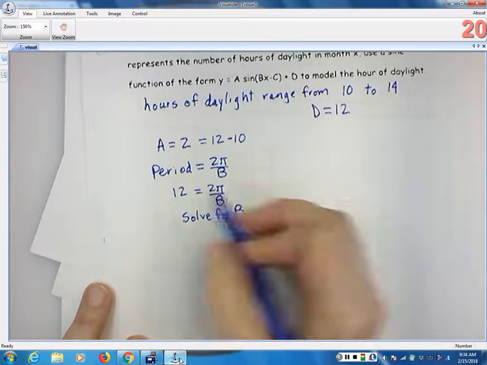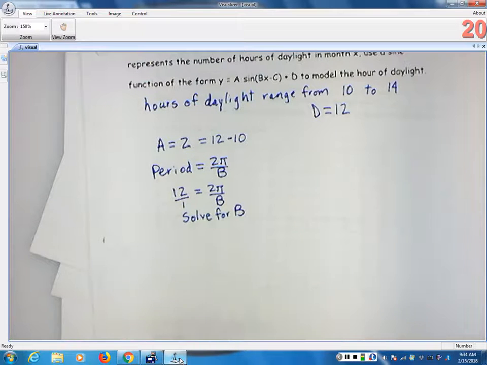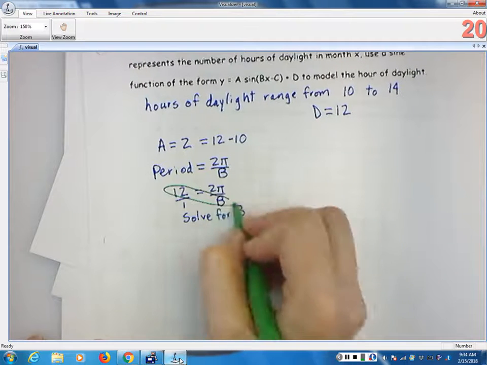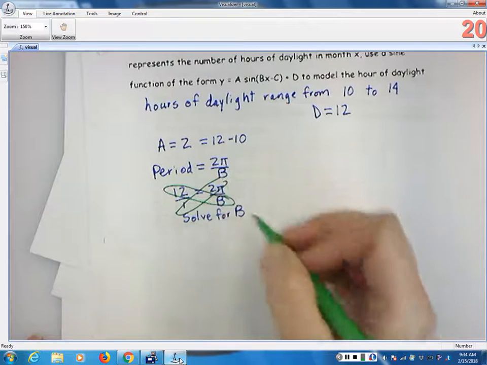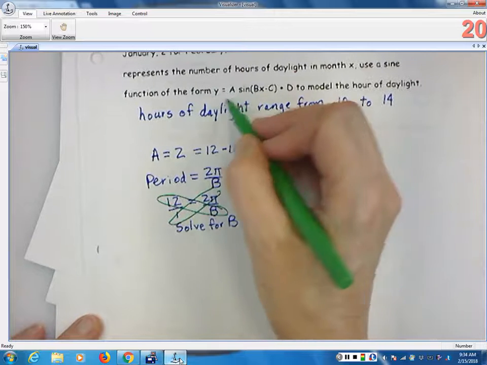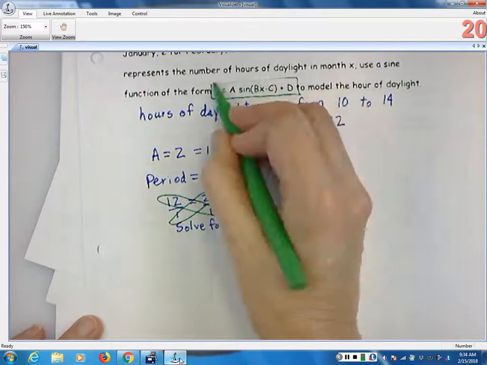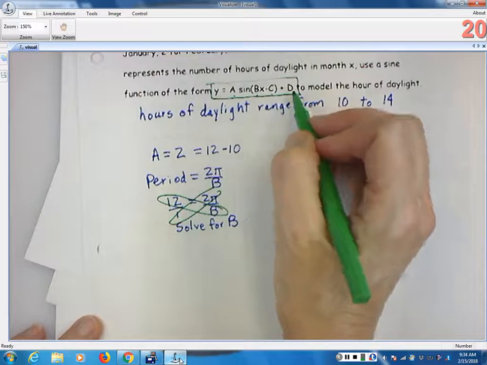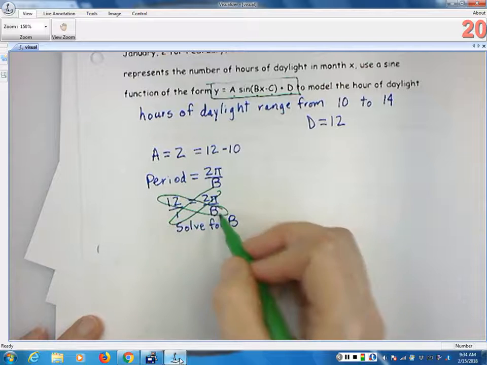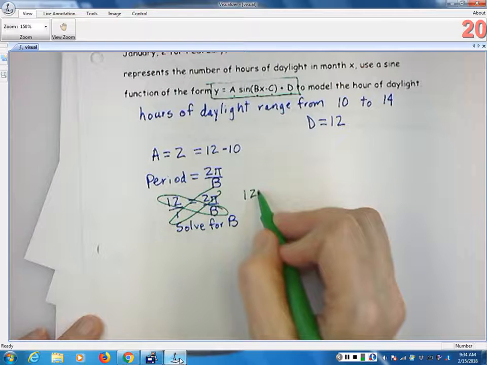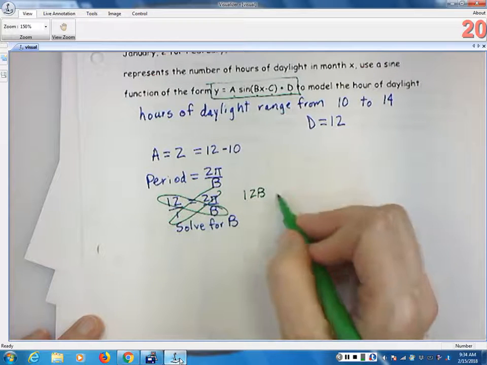So we can write this as 12 over 1. Cross multiply. We're trying to find all the values here: A, B, C, D. So we get 12b equals 2 pi.